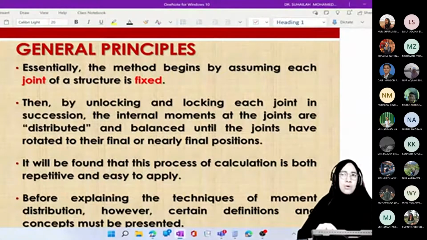Normally, we can apply fixed end moment by considering both ends fixed for all cases, including beam or frame with end pin or roller. But we have to apply the right concept, like what I have explained in my video last week.